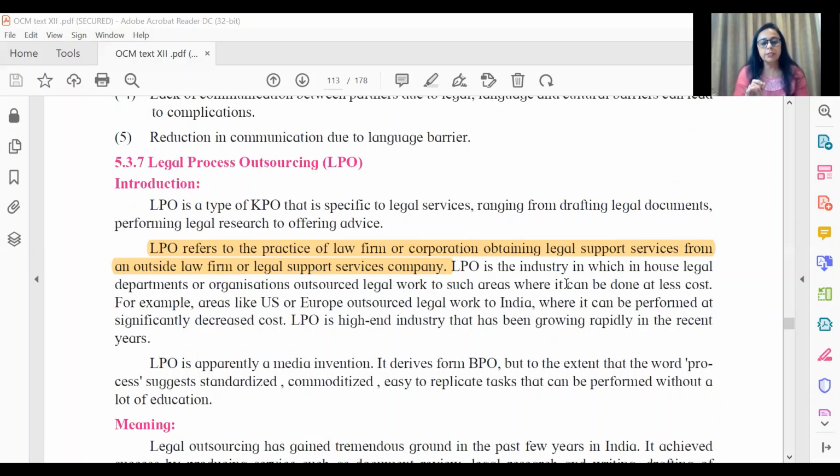LPO refers to the practice of hiring a law firm. Whenever there is a legal issue in a company, you will appoint a law firm who will handle your case on your behalf. That is the legal support service, and that is called legal process outsourcing. So this is how we have the objectives here.